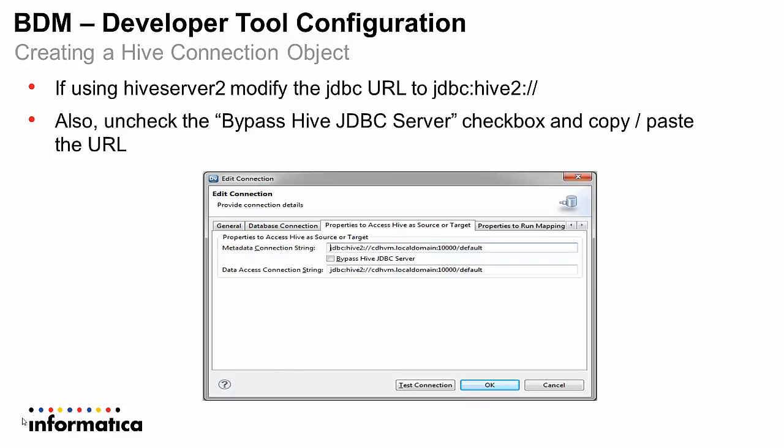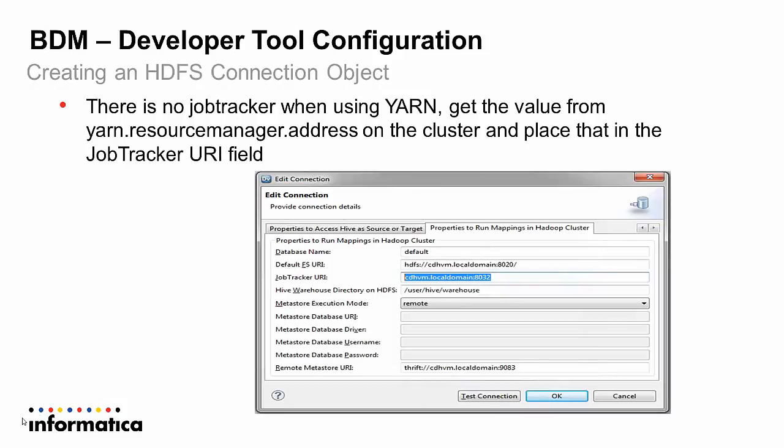If you look at the properties, this is just your Hive Server 2 location. Again, the Hadoop administrator must provide you the information on where your Hive Server 2 is located. And then in terms of runtime properties: database name, your default file system.